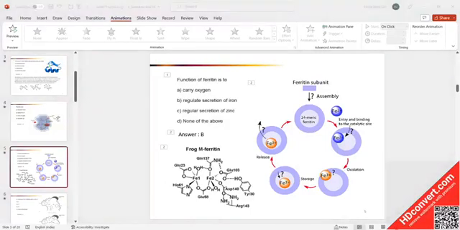Okay, so let's move on to the other few questions. The next question is on the oxidation state of iron in transferrin, which I think I've already discussed.